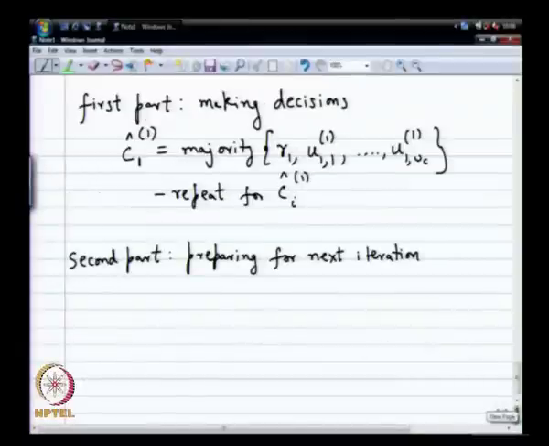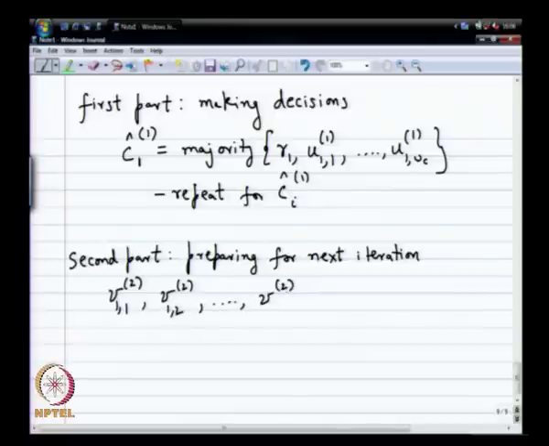Those estimates we will denote as V2,11, V2,12, so on till V2,1WC.